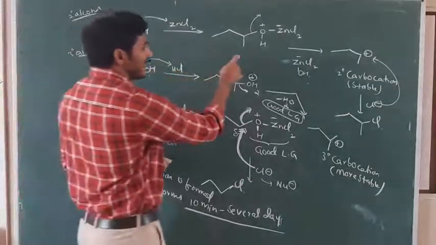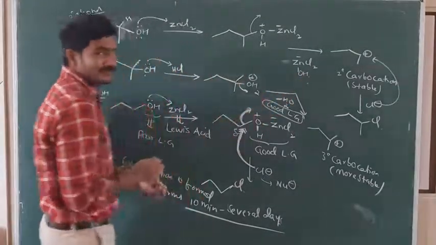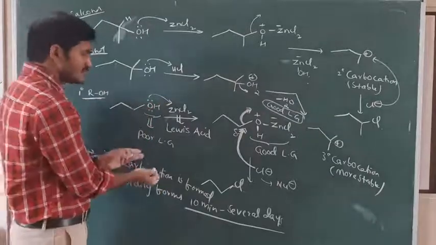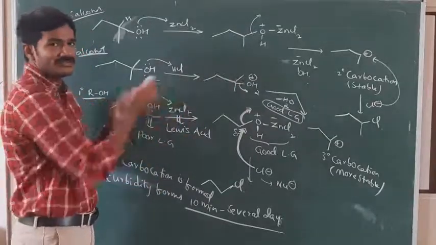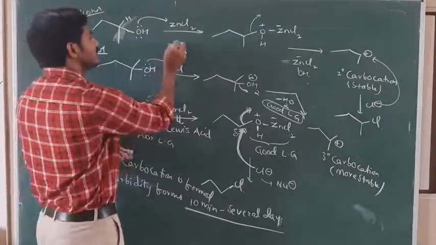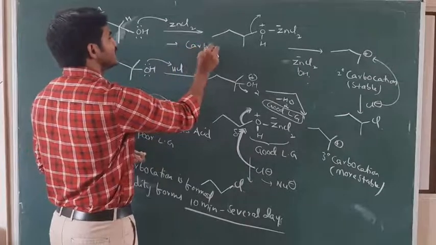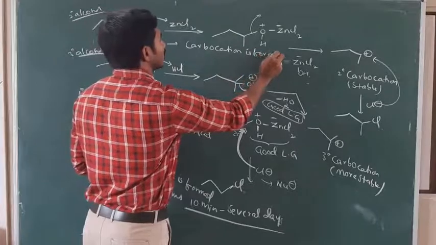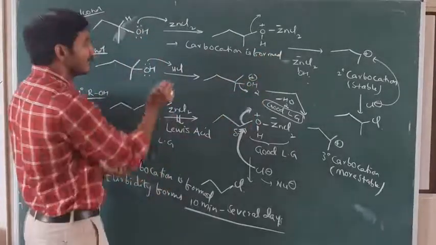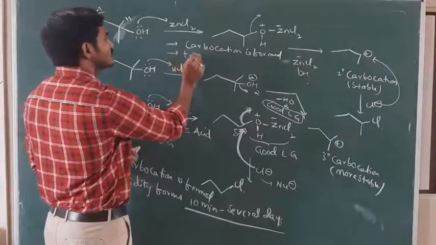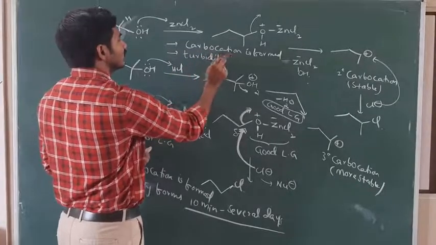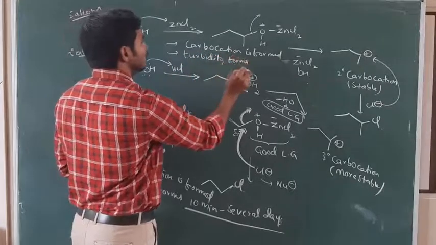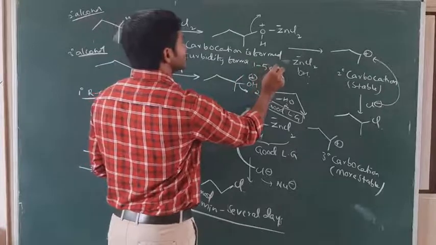Whereas in secondary alcohols, we are getting a carbocation. Compared to this, it is somewhat more stable, so the carbocation is formed here, but turbidity forms in 1 to 5 minutes.